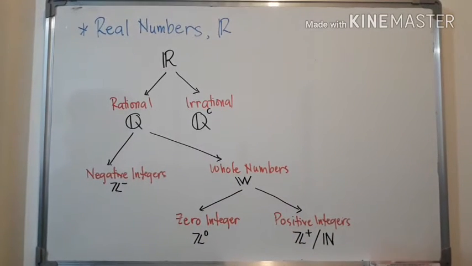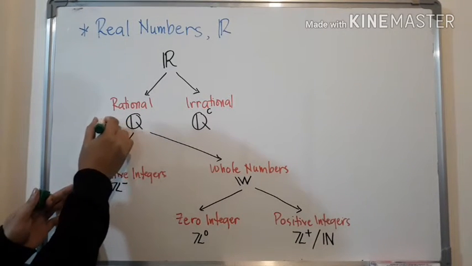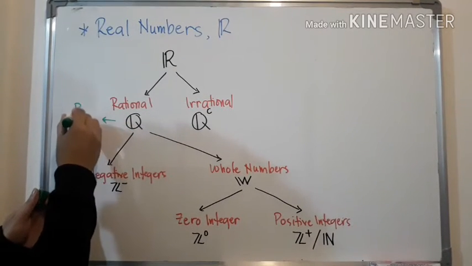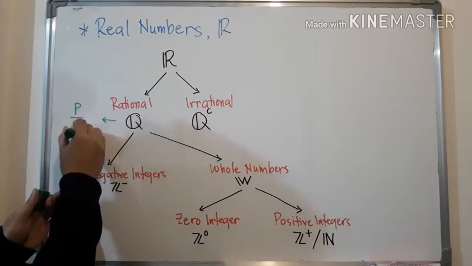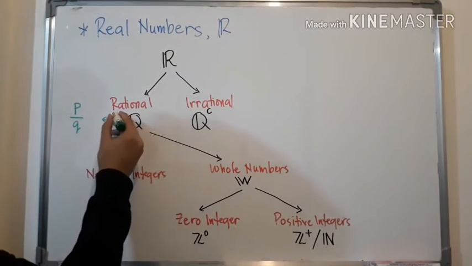Okay? So, rational numbers are those real numbers which we can express as the quotient of P and Q. From the word itself, ratio.